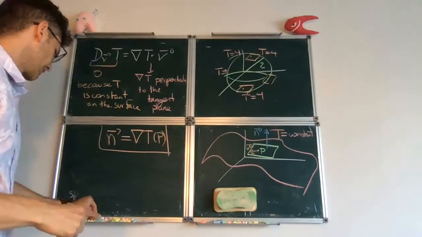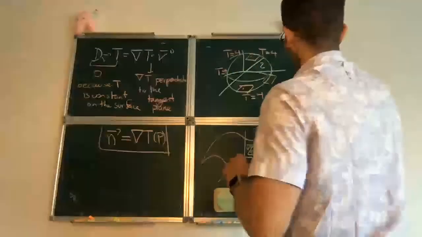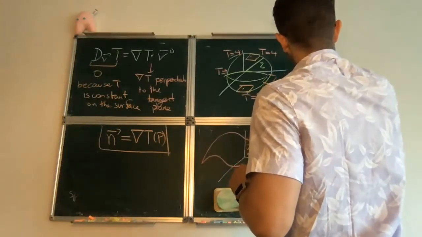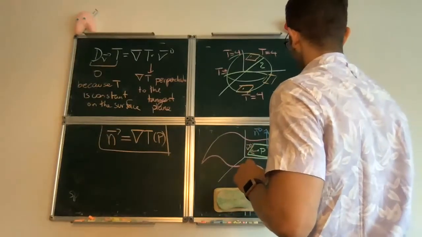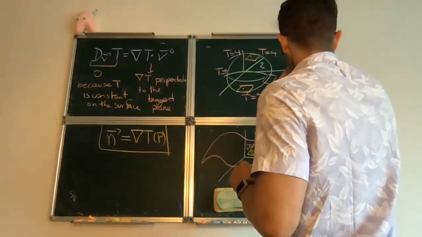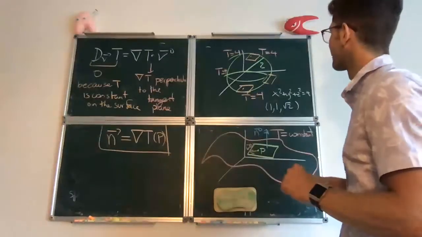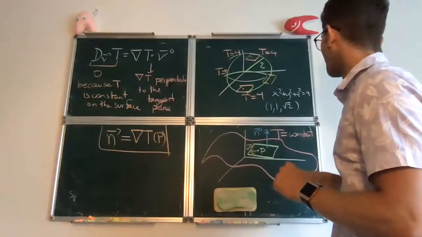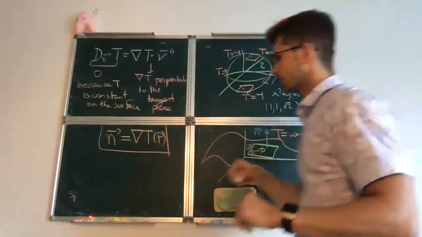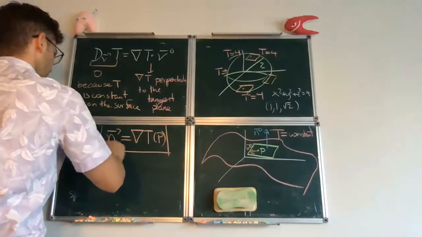So in our example for the sphere, what's the point on the sphere? This was x squared plus y squared plus z squared equals 4. Right, so let's take the point (1, 1, root 2). That's a point on the sphere of radius 2. So what's the tangent plane? Let's say that P equals (1, 1, root 2).